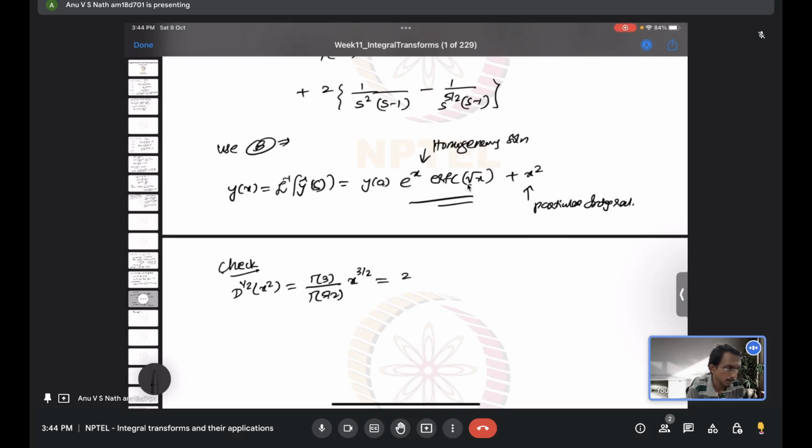So it's 2 by 3 by 2 times 1 by 2 times root pi, x raised to 3 by 2. So it's 8 by 3 x raised to 3 by 2.